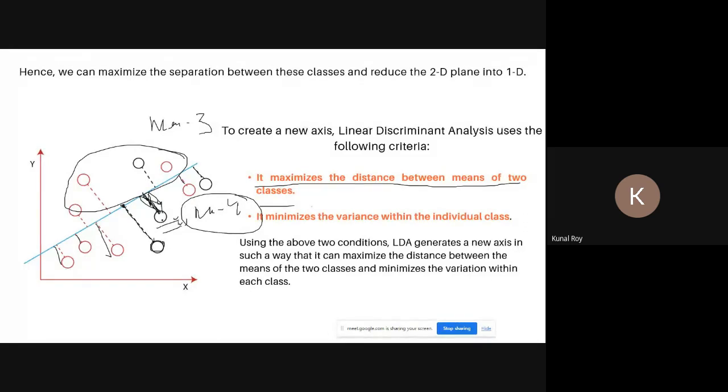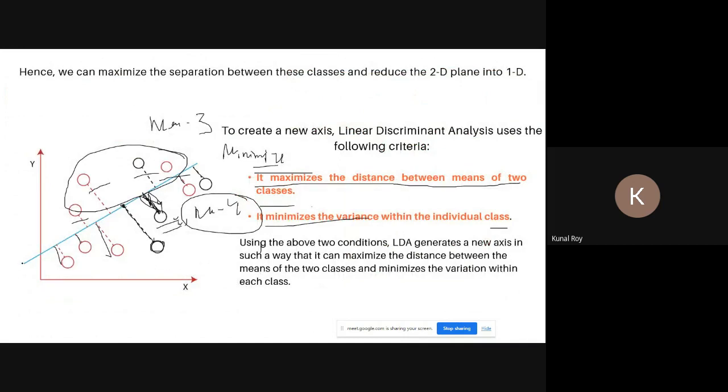Now we have to minimize the variance also. Three conditions must be satisfied for linear discriminant analysis. The predictor variable should be continuous. There must be minimum variation within each class, and for each class we have to find the mean, and as well we must have an equal covariance matrix.